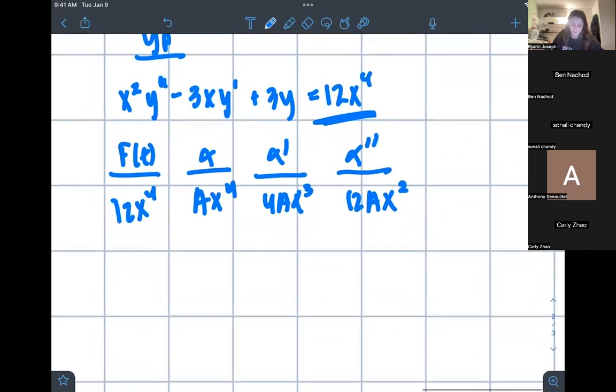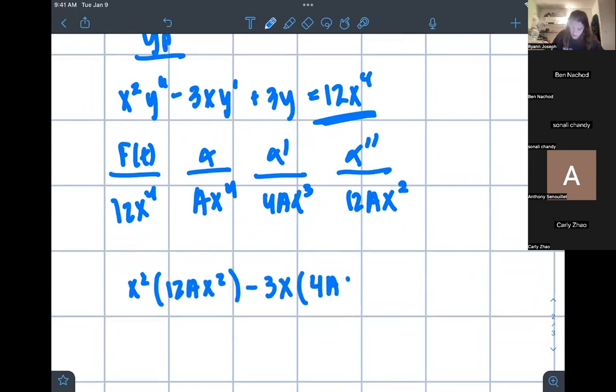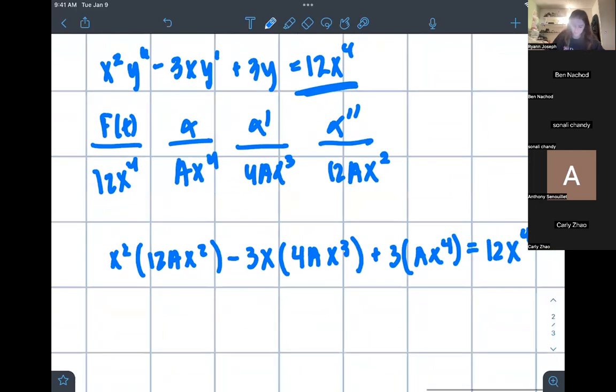Okay, plugging this in for our equation. So x squared times 12a x squared minus 3x times 4a x cubed plus 3a x to the fourth equals 12x to the fourth.